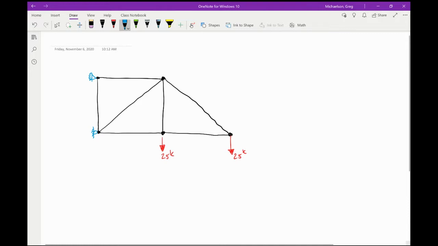Let's label the joints. This is A. This is B. This is C. This is E. And this is D. In terms of dimensions, this is 15 feet, and each of these are 20 feet.